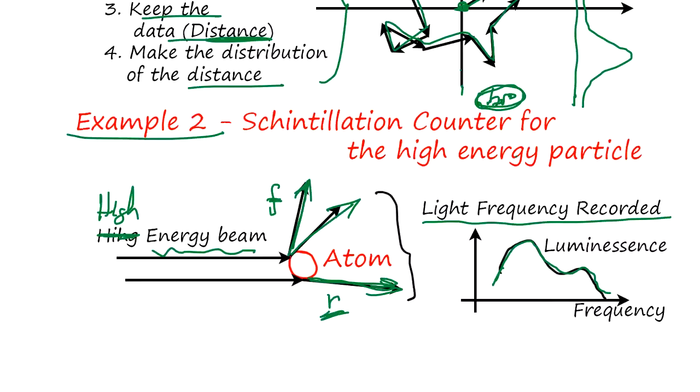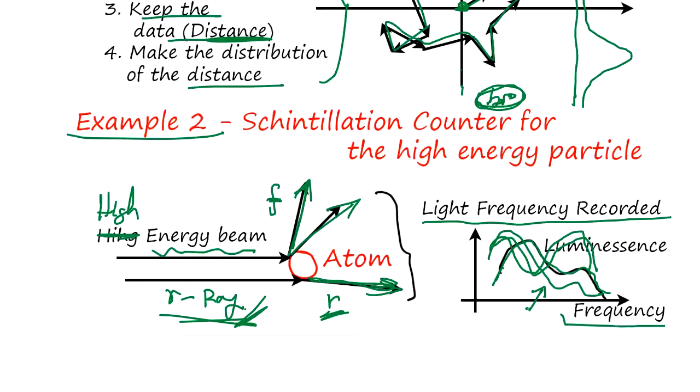For example, if the shape is like that, then this is probably a gamma ray energy level at a certain level. If it becomes more skewed like that, the energy level is low. So we can tell the energy level of the gamma ray by monitoring spectrum.